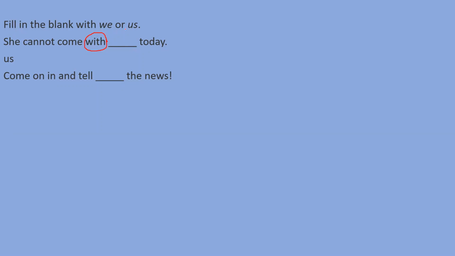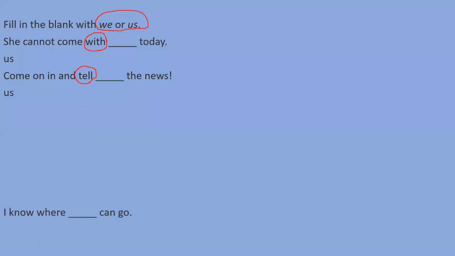Out of these two options, you need to tell me one, we or us. Okay, I tell you if you can't tell. So here us will come. Why? Because you know that tell is a verb, so after the verb we need to write the objective case pronoun. That's why us will come, because us is objective case pronoun and we is subjective case pronoun.